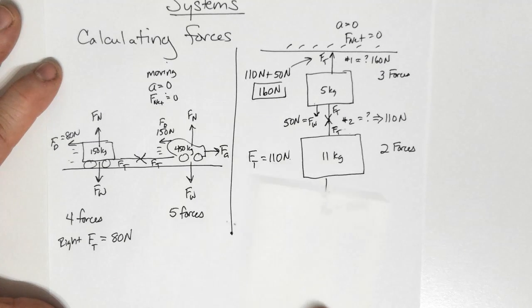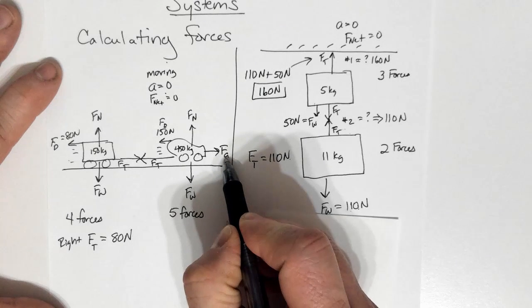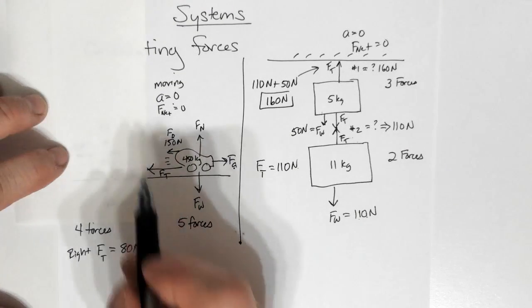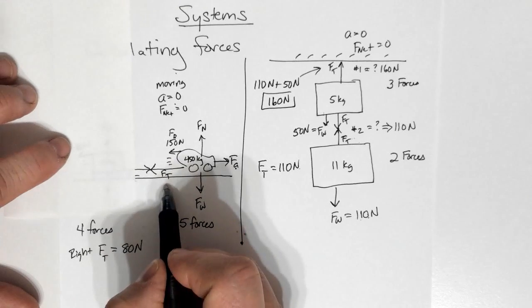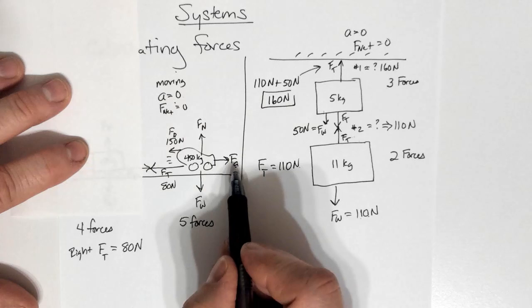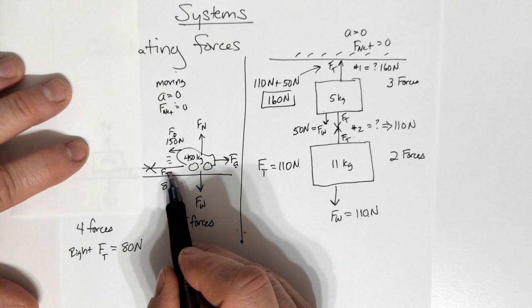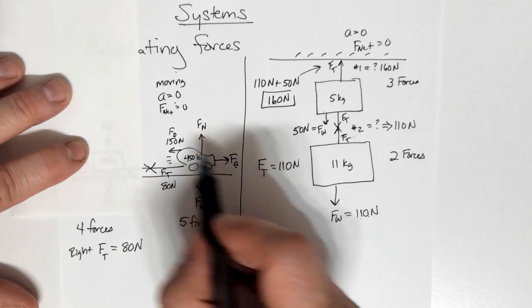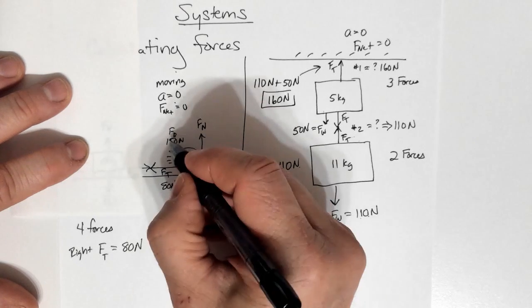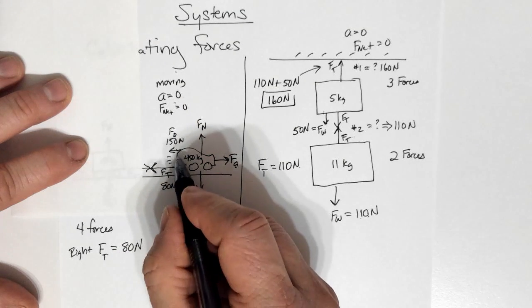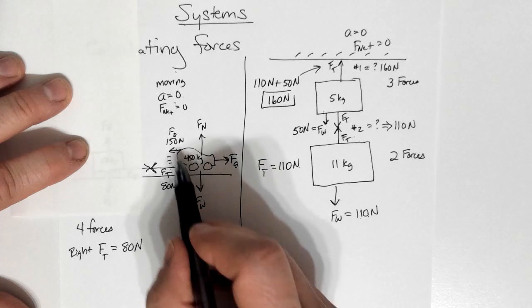But what if I ask you, can you figure out this number? Well, sure. It's really simple. We just cover up and look at half the system. Remember, if the tension over here is 80, the tension over here is also 80. And then at constant speed, right equals left. Okay? But I have drag. So I have 2 in the same direction. So I have to be careful here, since I have right minus left, but left has 2 numbers.